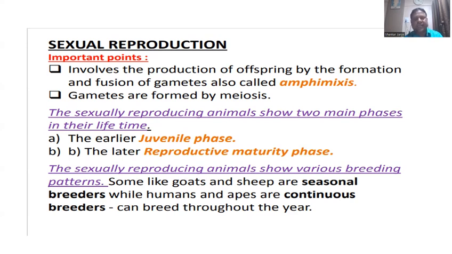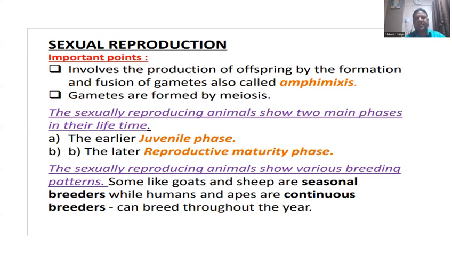Sexually reproducing animals show two phases in their lifetime. The earlier phase, which is a very young one, is called the juvenile phase, and the second one is the reproductive maturity phase. Sexually reproducing animals also show various breeding patterns. Some, like goats and sheep, are seasonal breeders, meaning there is no monthly menstrual cycle.